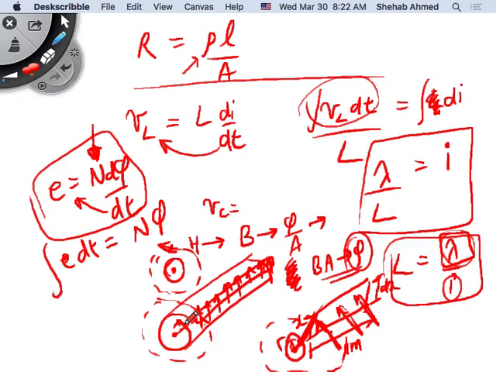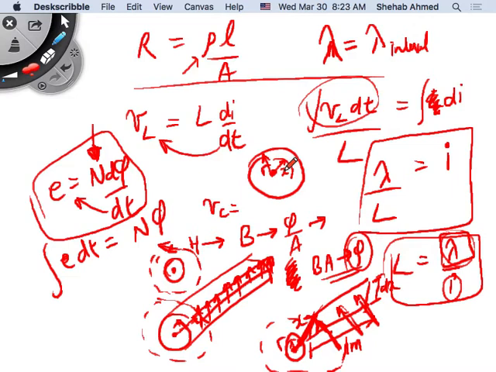For magnetic field, we look at the contribution of the magnetic field inside the conductor and outside the conductor, right? Outside the conductor, and again, our objective is to calculate flux linkage. When you're looking at flux linking outside the conductor, this n is equal to 1.